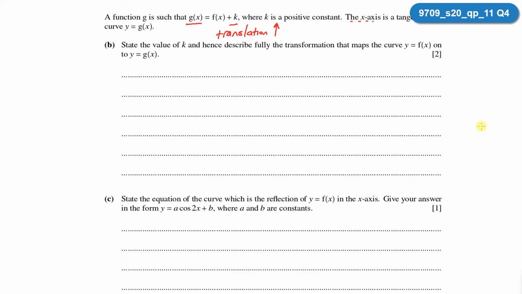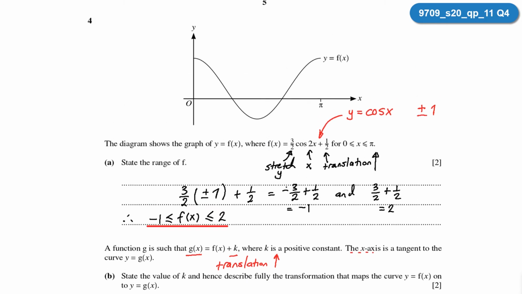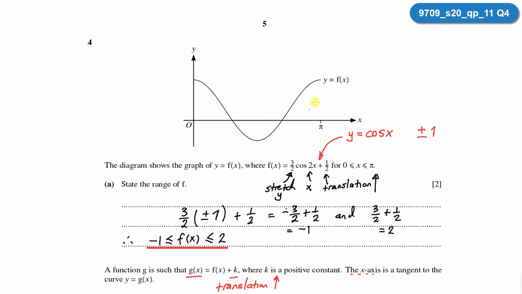So the situation here will be like, this is the graph of y is equal to f of x. So when we now have the graph of g of x, which is f of x plus k, it means this graph is rising up by k units. So the graph of g should now come out to be like this.